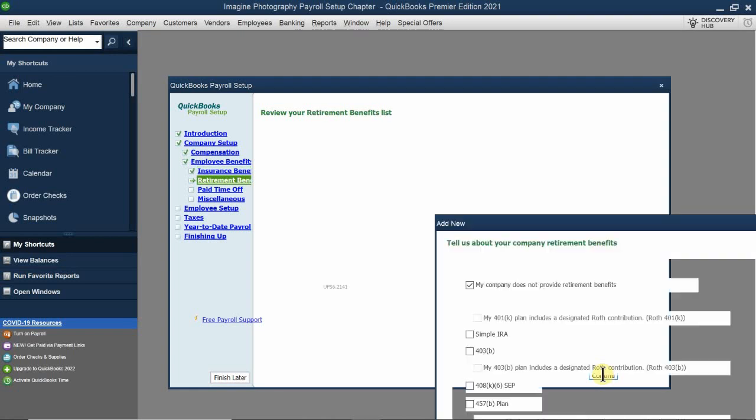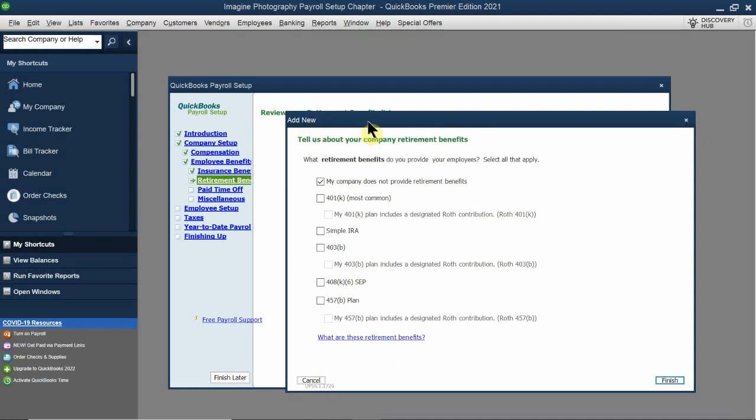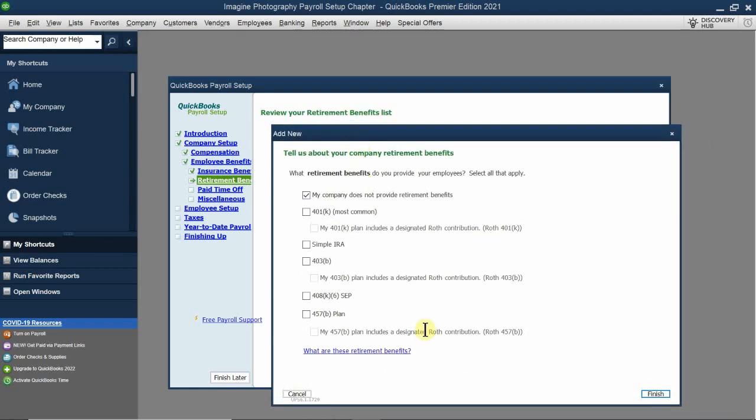The next section we're going to set up is any benefit plans. Do you offer any benefit plan, such as a retirement plan? The most common one that you will see here is a 401k. You can check out the other options here, for example a SIMPLE IRA.